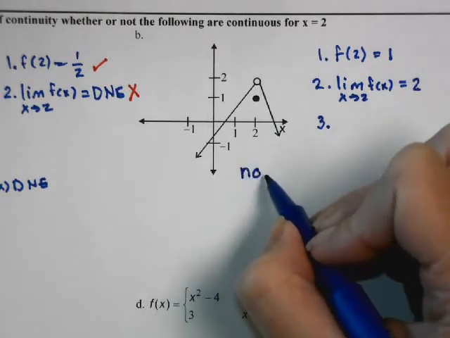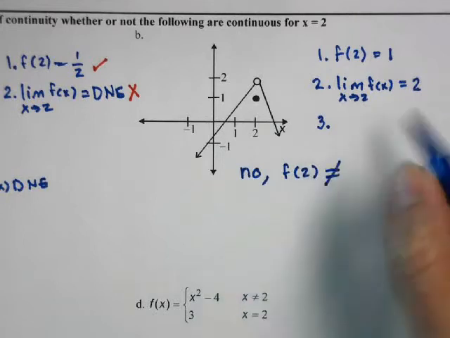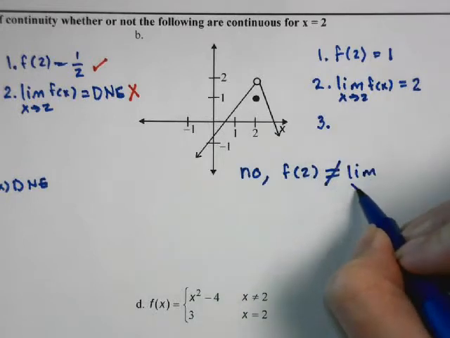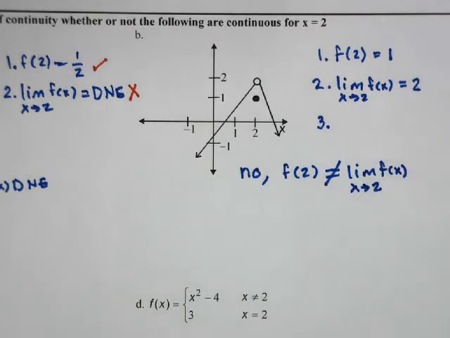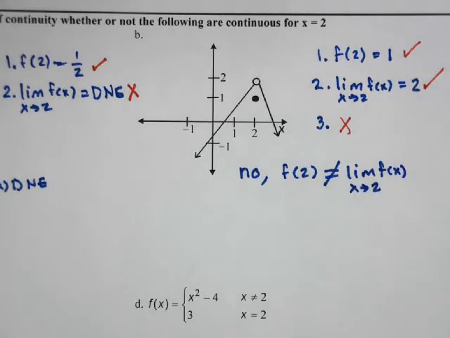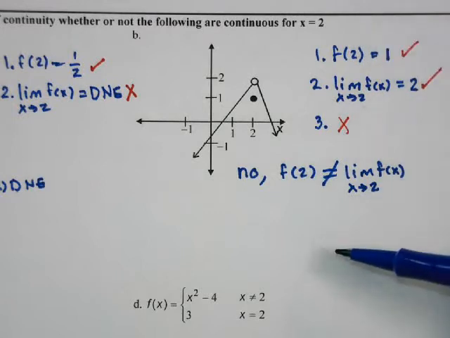So this is discontinuous because f(2) does not equal the limit as x approaches 2. So it has a function value and a limit, but the third part doesn't pass because those things are not the same. Again, graphically it's really clear that that's discontinuous. It's just how do we use the definition to confirm that.